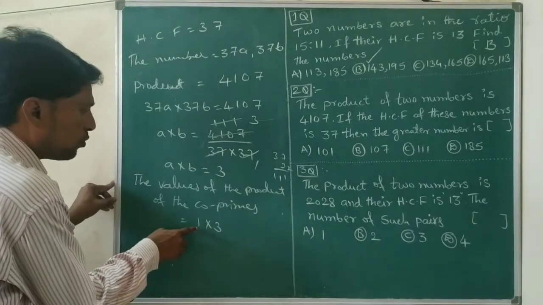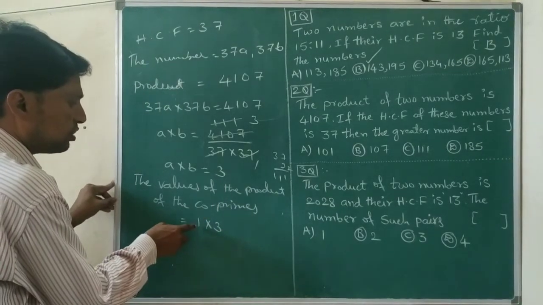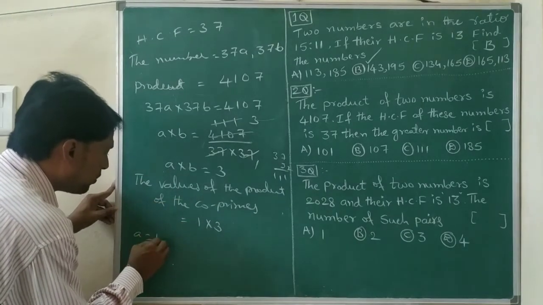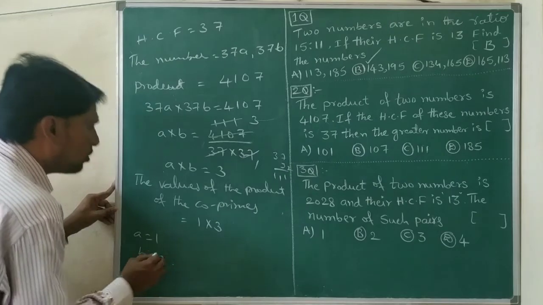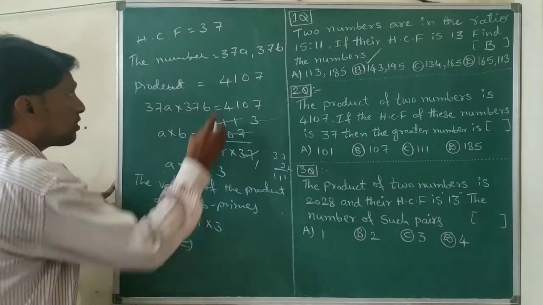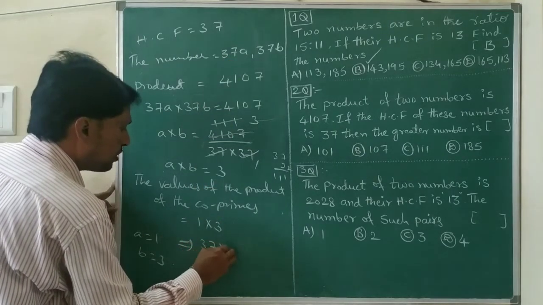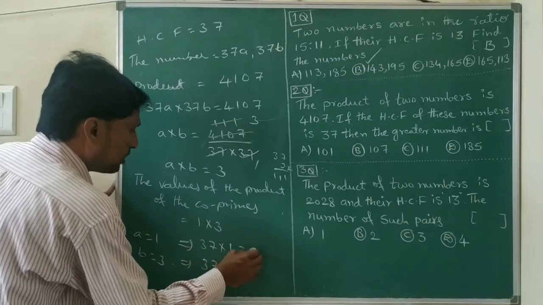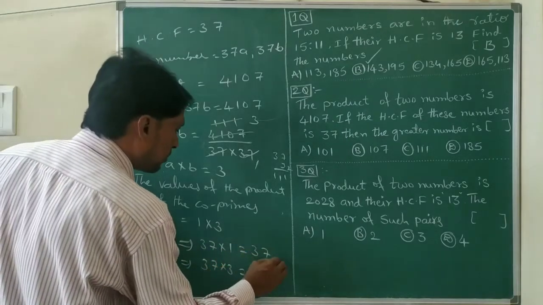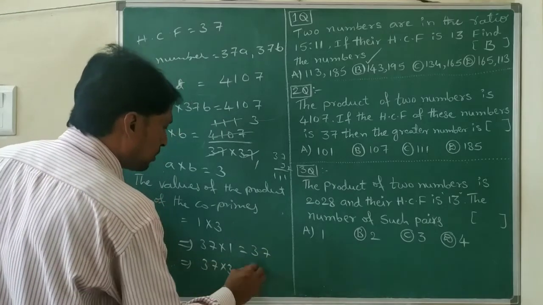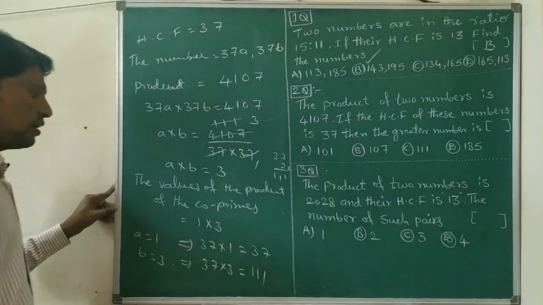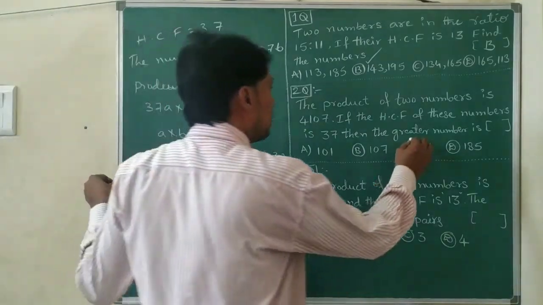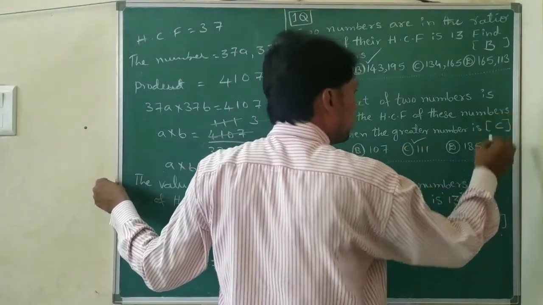So the possible values of A and B we got here: A equals 1 and B equals 3. Substituting A equals 1, we get 37 into 1 and 37 into 3, that is 37 and 111. So the greatest number here is 111. Option C is correct.